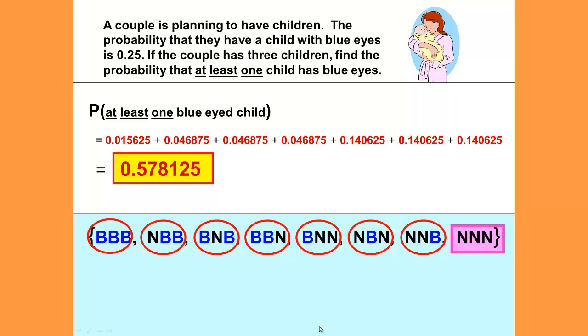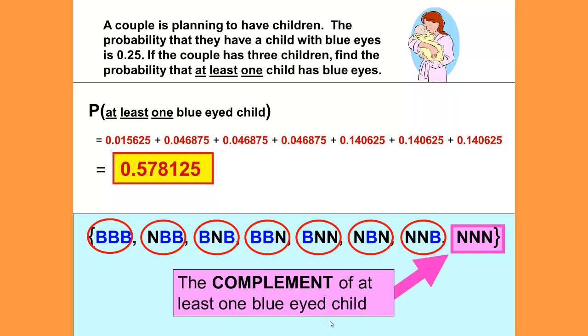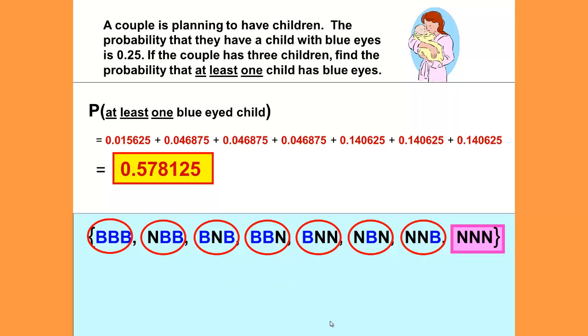We did not circle the last family, which was the family that consisted of no blue-eyed children or three not blue-eyed children. This is the complement of at least one blue-eyed child. We can easily figure this one probability.